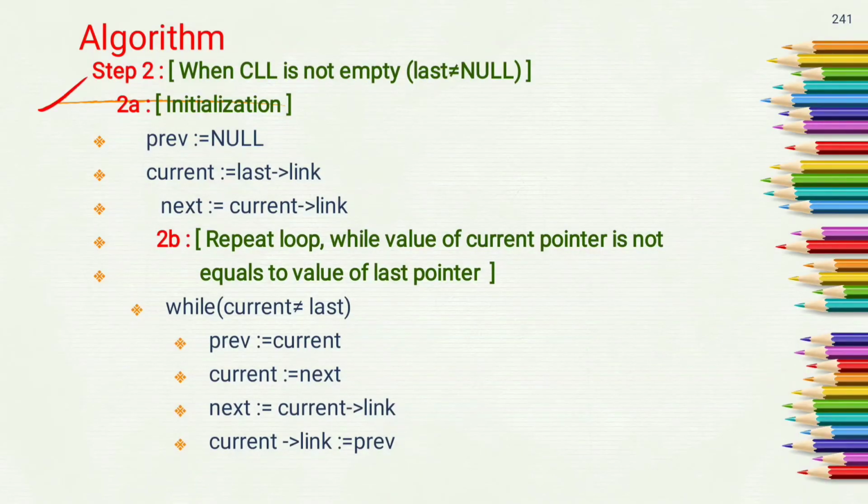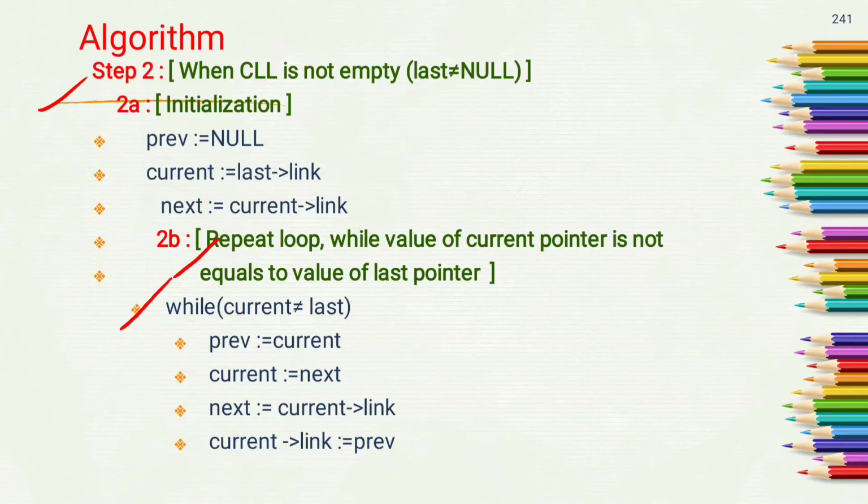Step 2 is, when the circular linked list is not empty, that means the value of last is not equal to null, we have to initialize the previous pointer to null, current to last arrow link, and next to current link. Then we have to repeat the loop while the value of the current pointer is not equal to the value of the last pointer by writing while current is not equal to last.